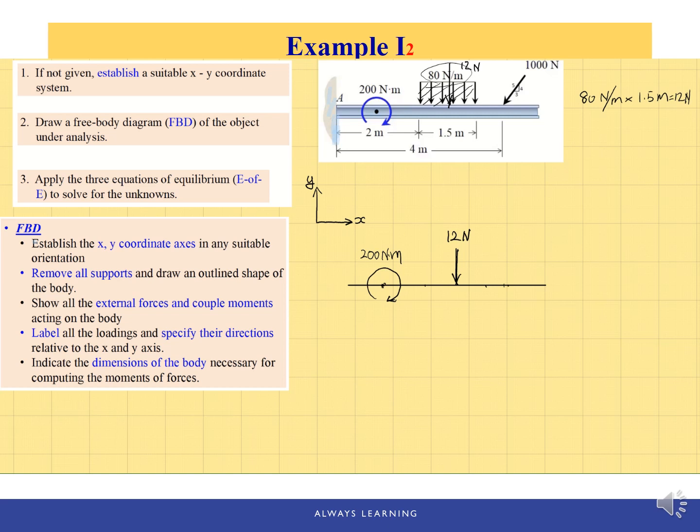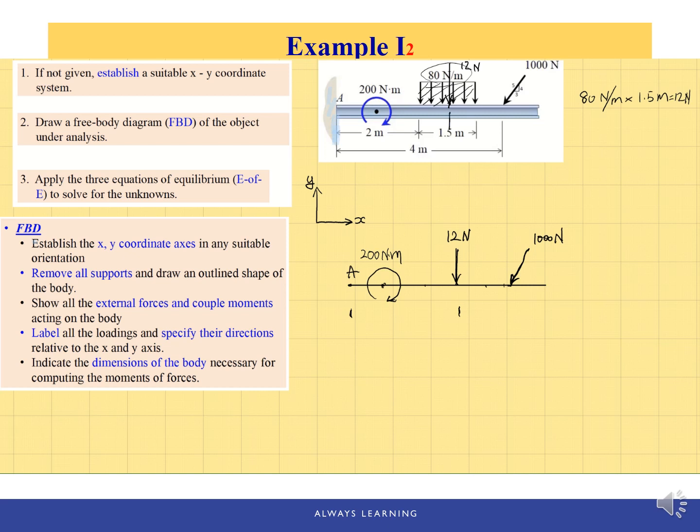Next, we have this 1,000 Newton concentrated load. We also want to place the dimensions of the body because we need them to write our equations, especially the moment equations. So this is point A, and from point A to the distributed load's concentrated load, we can do a little bit of math.